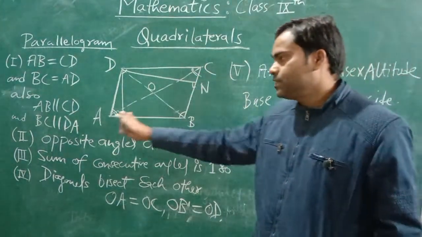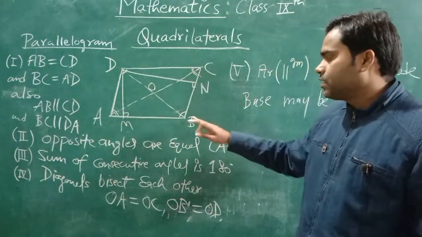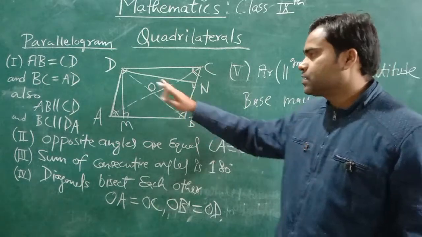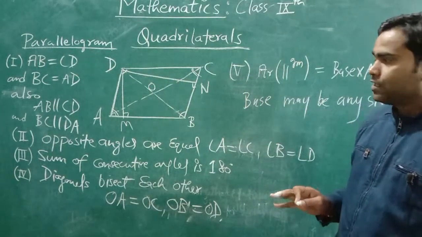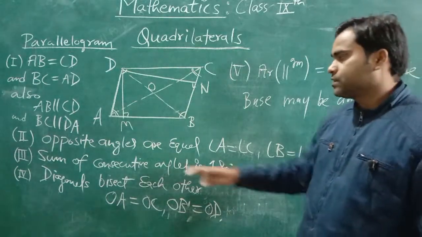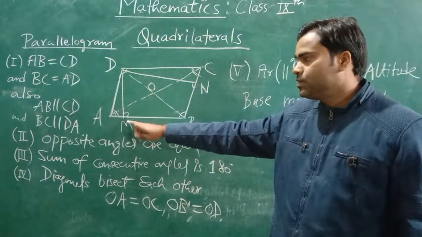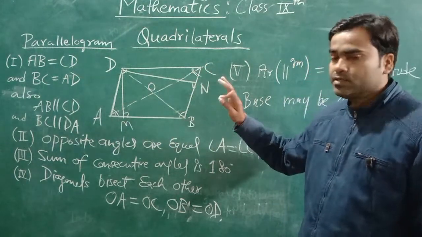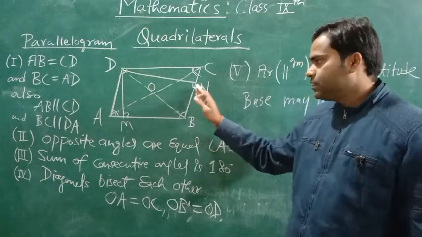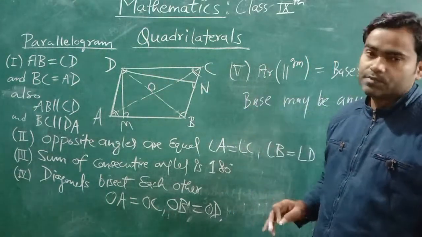If AB is base, then DM is altitude, and when BC is base, then DN is altitude. Okay. Any side can be the base. In case of AB as base, DM will be the altitude, and in case of BC as base, DN will be the perpendicular altitude.